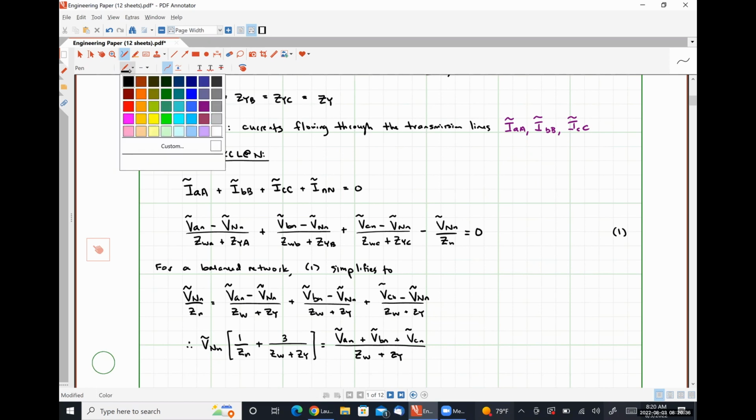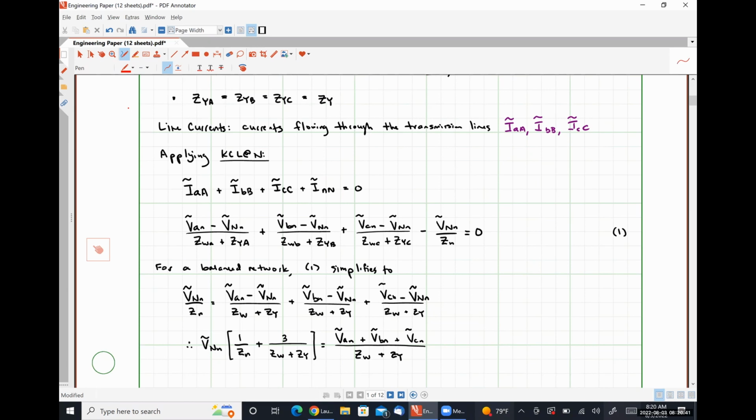As a quick aside here, we are going to add VAN, VBN, and VCN together with the understanding that these are balanced source voltages.